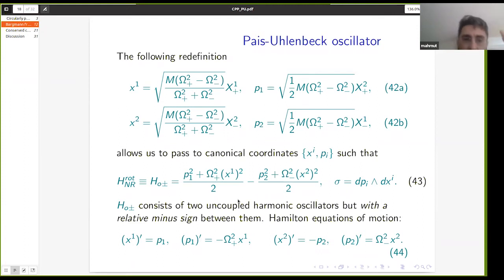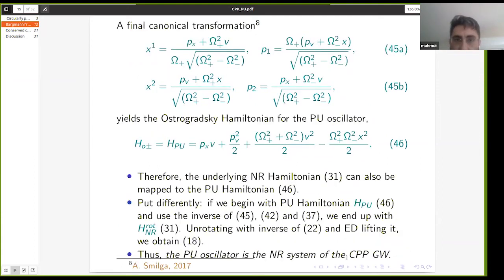Now, these are the Hamiltonian equations of motion, and they define some simple harmonic oscillators. And there's a final canonical transformation. And then you end up with this Pais-Uhlenbeck oscillator here. Very nice. So after all these canonical transformations that I did for the Carroll system, I end up with a Pais-Uhlenbeck Hamiltonian.